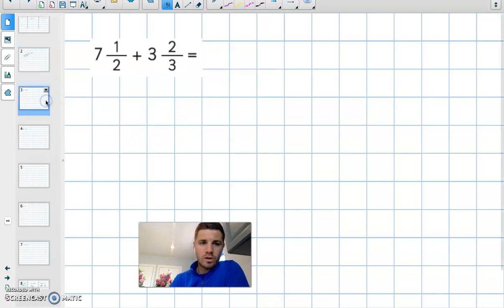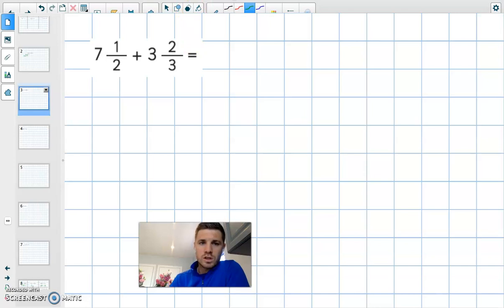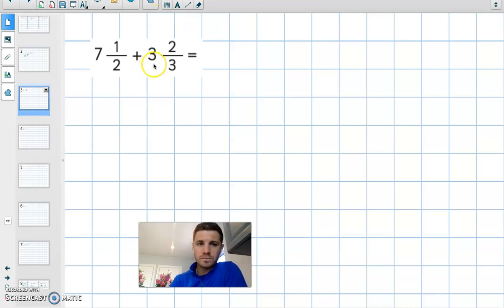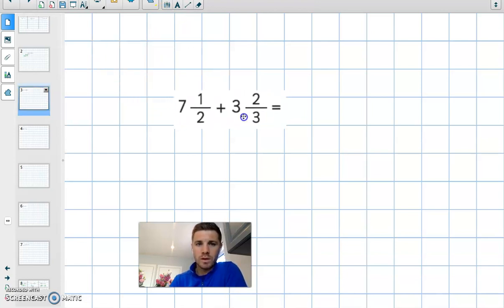Okay, question 2. We've got 2 mixed numbers which we are adding together. So what I'm going to do first of all is just move them down here, and then we need to convert these into improper fractions. So we do that by multiplying the whole number by the denominator. So 7 multiplied by 2 is 14, add it to the top, equals 15.